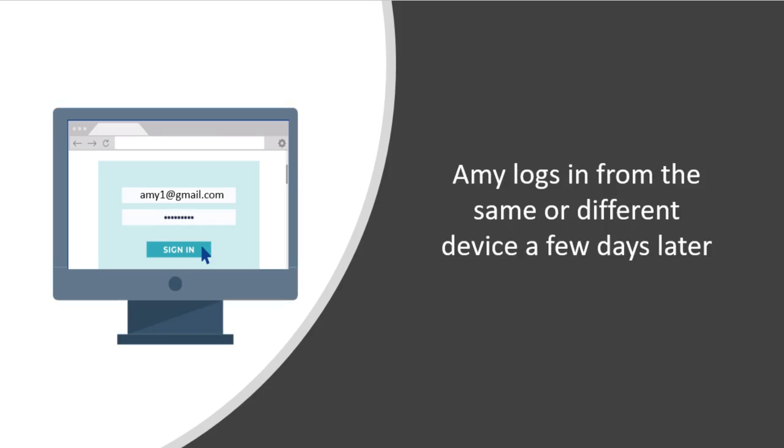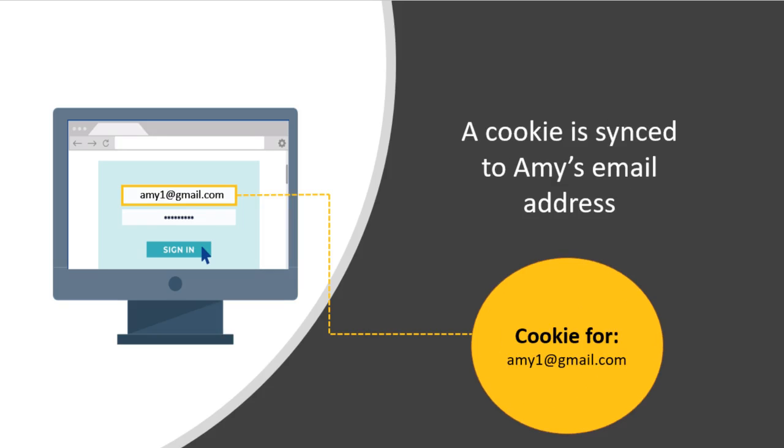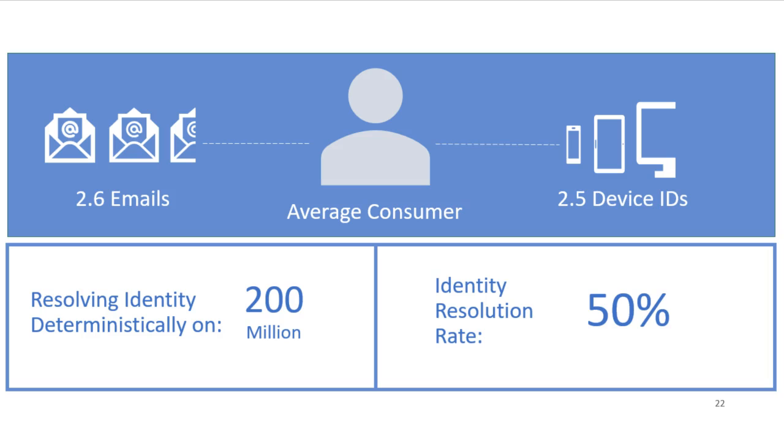A few days later, Amy logs into the site. Once she logs in to access the content she paid for, we can place a cookie on Amy's browser. That syncs up with Amy's email address that she used to log into the site. And then that's matched up with all the other information we know about Amy in our identity graph, things like other email addresses she uses and the IDs of her various devices.